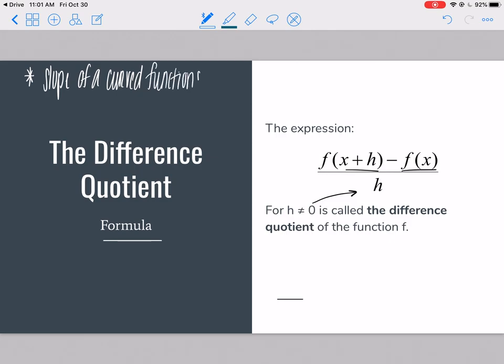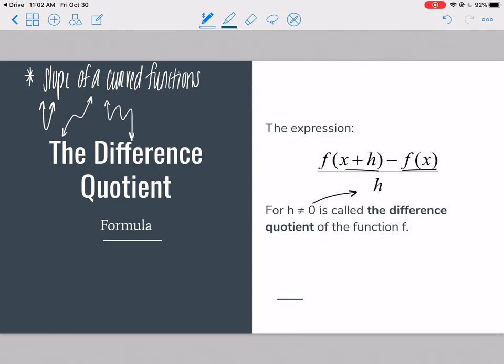Obviously, we can find or calculate the slope of a line, but when it comes to something like a parabola or a cubic function or some sort of polynomial that has a lot of curves in it, we don't necessarily know how to find that slope because it's changing.